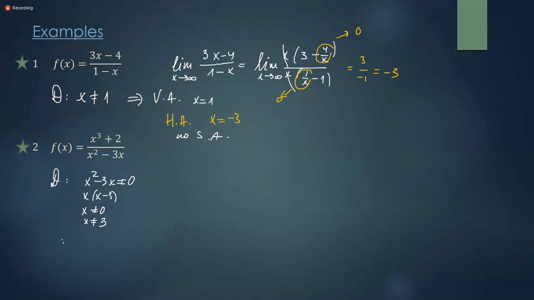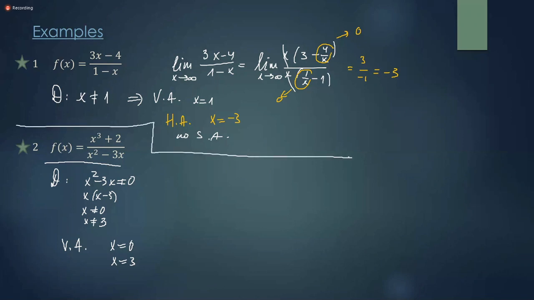So we would say we have two vertical asymptotes, x is 0 and x is 3. Now, do we have a horizontal asymptote or slant?